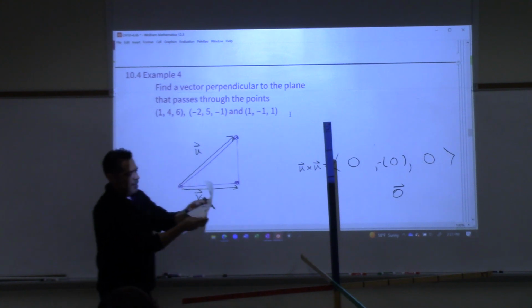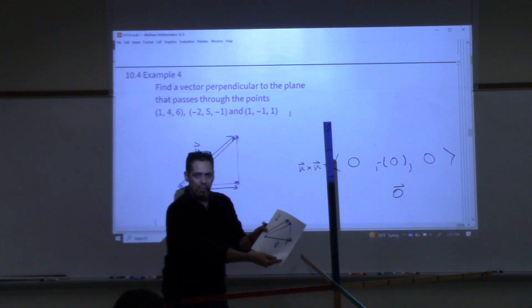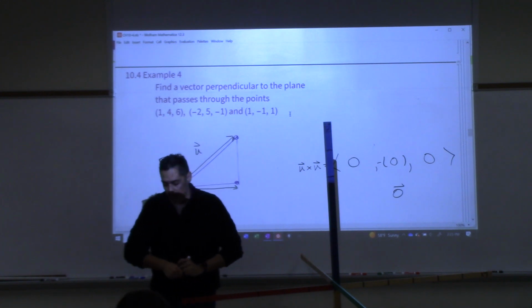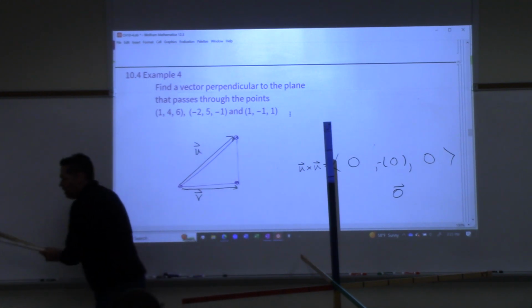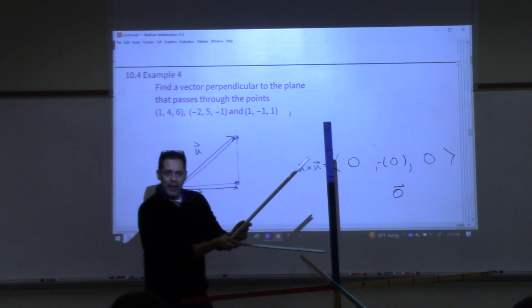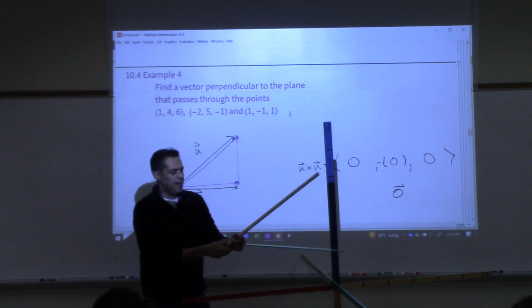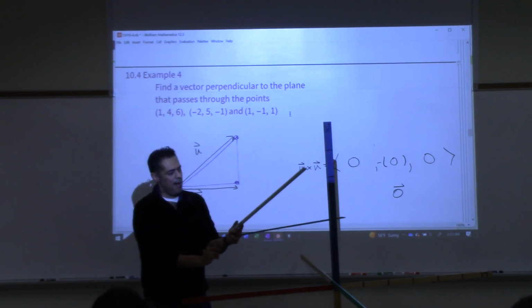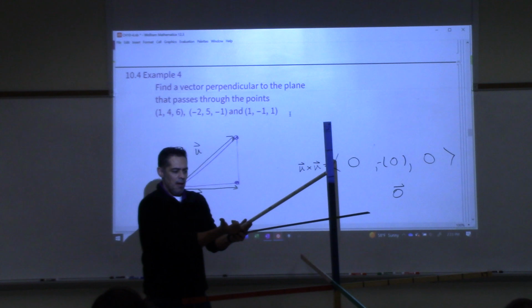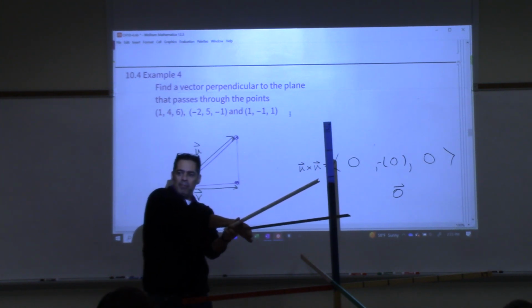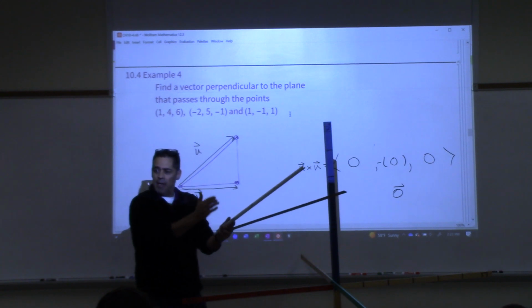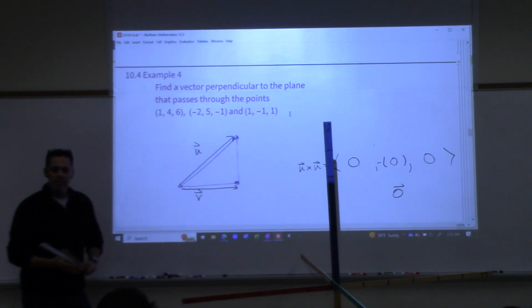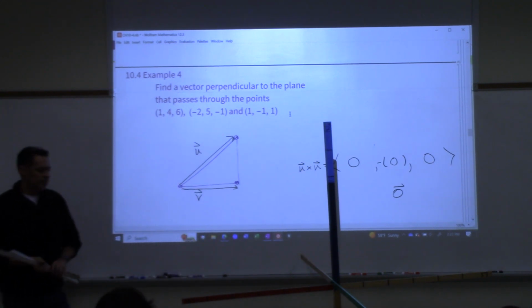Got my 2 vectors that live on that plane. And then we cross them. If I take those 2 vectors that live on that plane and I cross them, I'm going to get a vector that comes out like this. Or it might be the other direction, but either way, that vector will be perpendicular to that plane. Right?